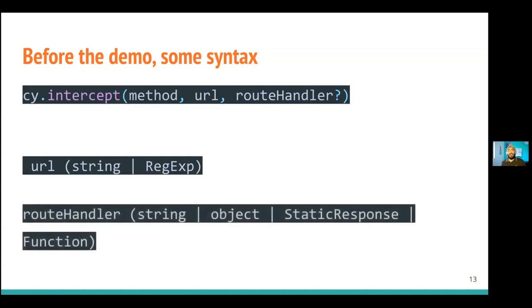The route handler is basically the code that will instruct Cypress what to do in case you get a request which matches this URL and method. If you pass it a string, it'll make a JSON out of it and send it back as the stub response. You can give it a JSON object, and then it says, okay, take this JSON object and send it. There is a more elaborate format called static response. It's a type, but usually what you do inside this is you give it a fixture file.